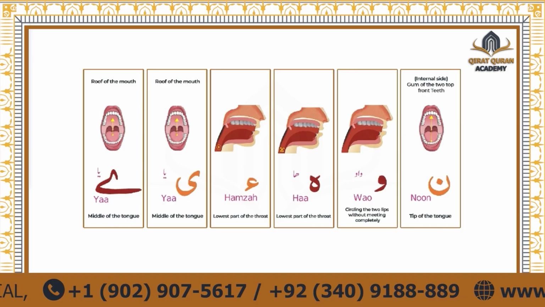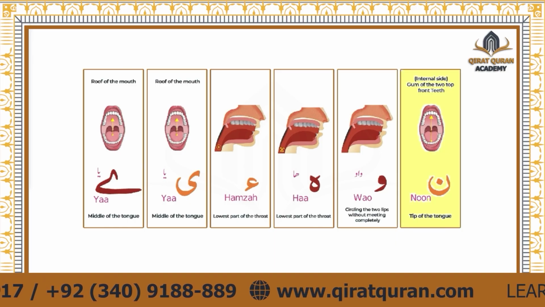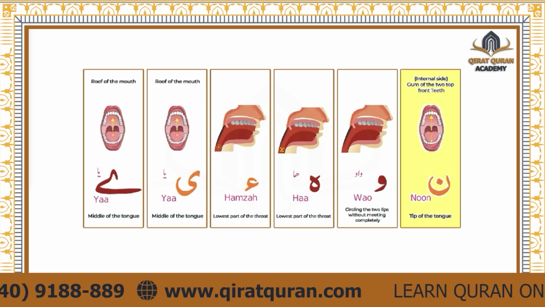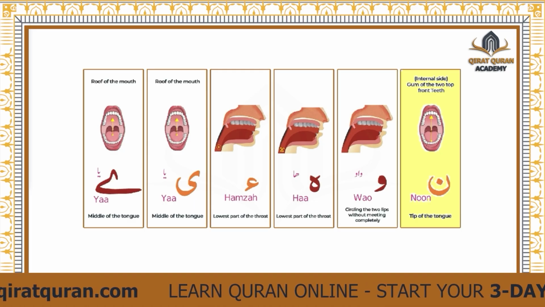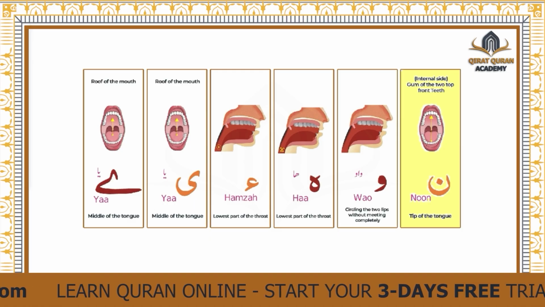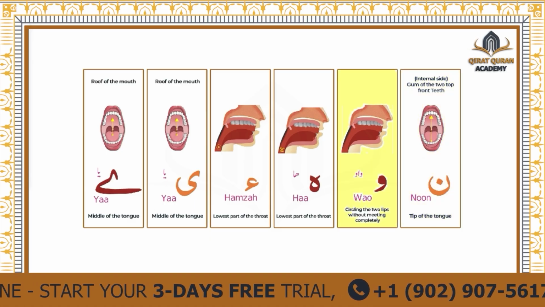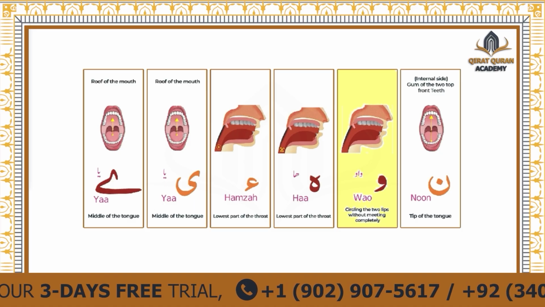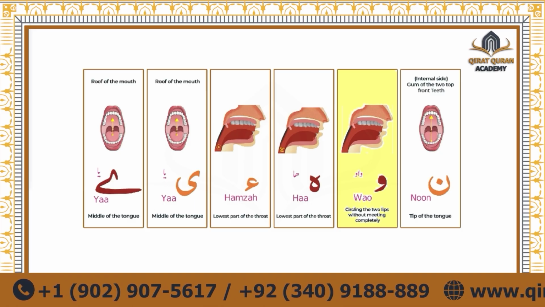Then we read about the origins of these letters. First one was Noon. The origin of letter Noon is the tip of the tongue, and it will connect to the gum of the two top front teeth here. Then the next letter Wow. The origin of this letter is circling the two lips without meeting completely.